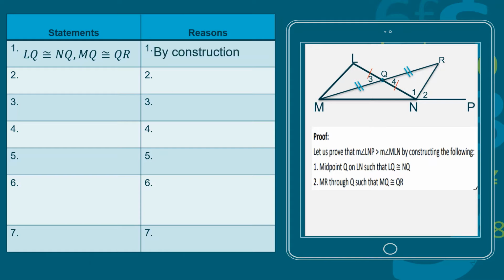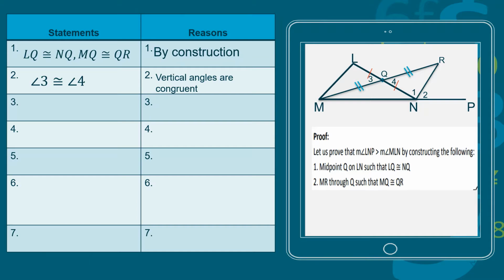The reason is by construction, because we constructed these segments. Now what relationship exists between angle 3 and angle 4? Correct, they are congruent. Why? Because they are vertical angles, and vertical angles are congruent.